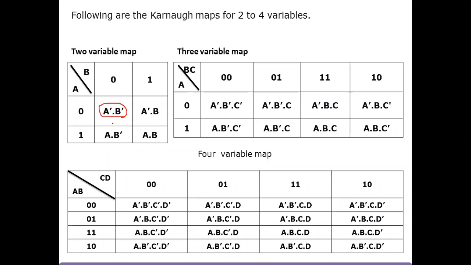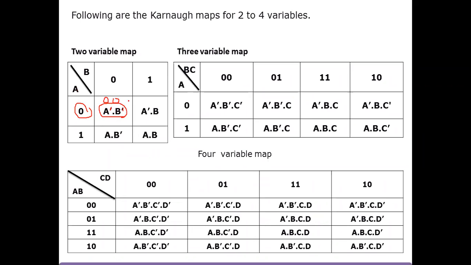You get the product of the two variables, with a variable primed if its value is 0. So A is primed because A is 0, and B is primed because B is 0. The value represented here is 0, 0.